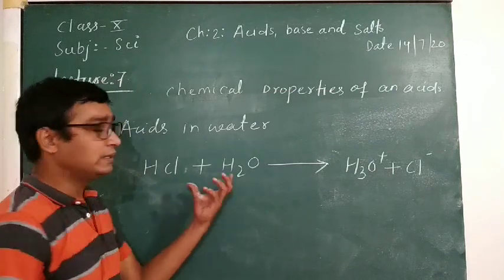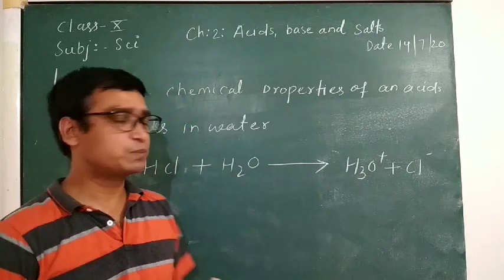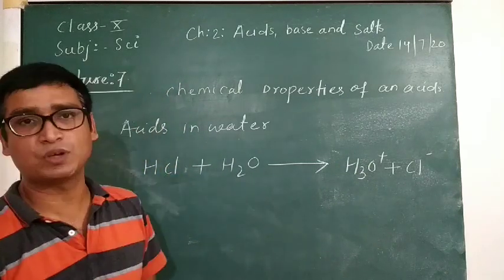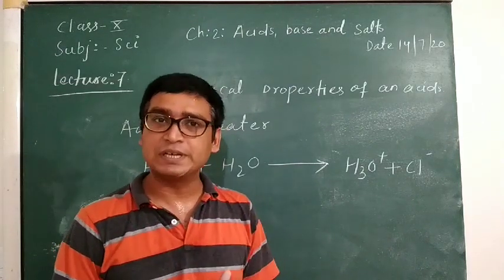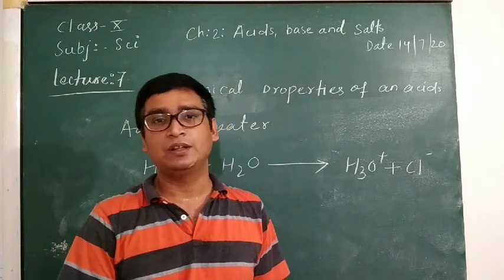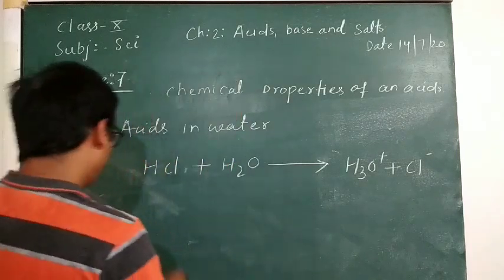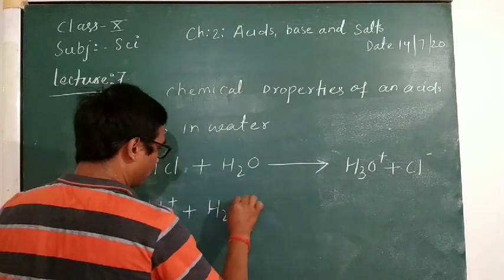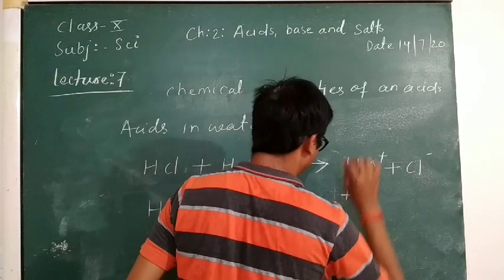As I had told, the H plus ion which is produced during the dissociation process of hydrochloric acid cannot exist alone. So it reacts with the water molecule to form hydronium ion. So again here H plus ion plus H2O react together to form hydronium ion.